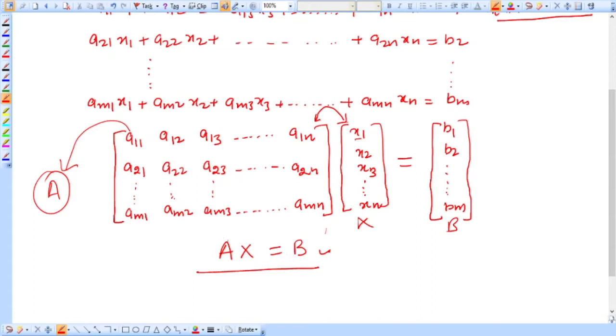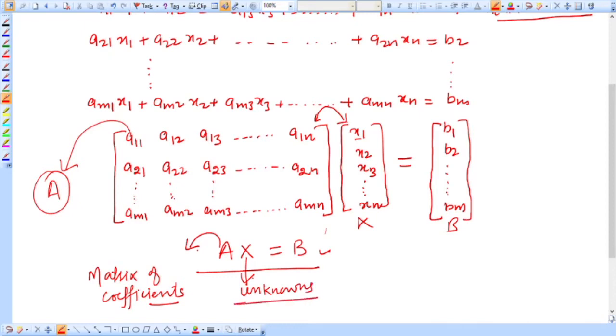This matrix is known as the matrix of coefficients. This matrix is known as the matrix of unknowns.